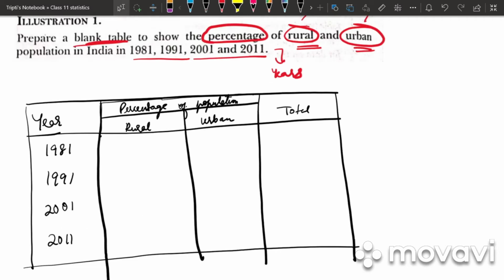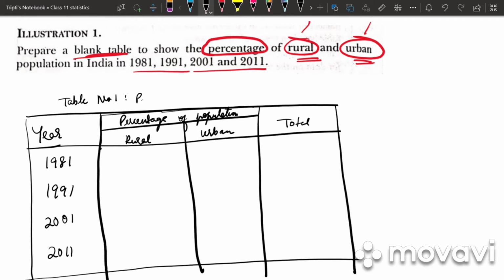So is this problem right? No, it is not right. Why is it so? Because I have not written the title for the table, which is very important. So the first step we always need to write is the table number. In this, nothing has been given in the question, so you can just write table number 1, and the title of the table will be percentage distribution of rural and urban population in India.